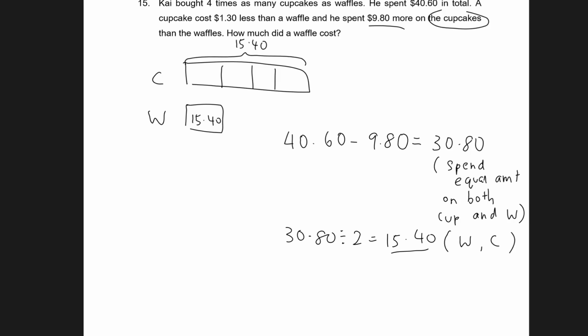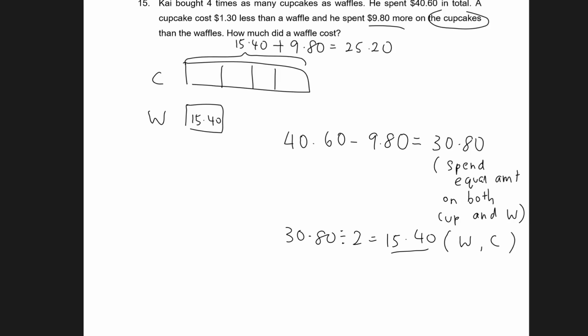We took away the 9.80, assumed that he spent 15.40 on both the cupcake and waffle. But in the real story, he said that he actually spent $9.80 more on the cupcakes. So I'm going to add back the $9.80, which is $25.20. So in fact, he spent $25.20 on cupcakes, 15.40 on the waffle.